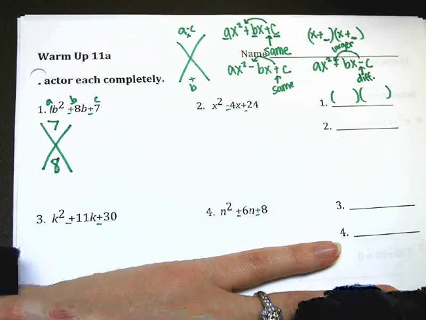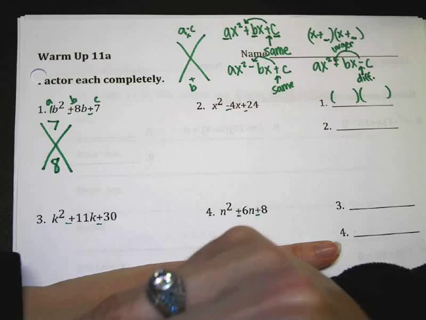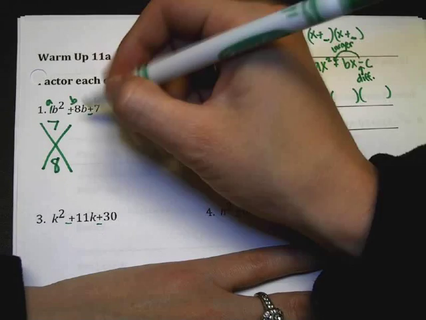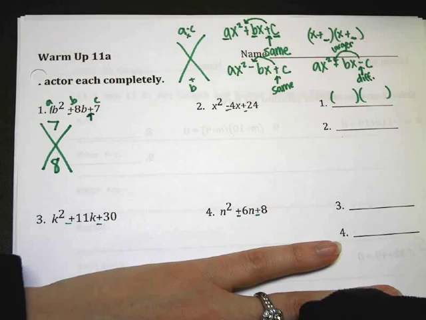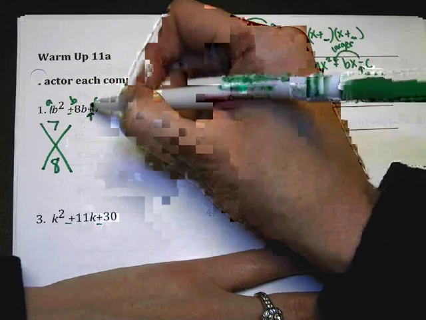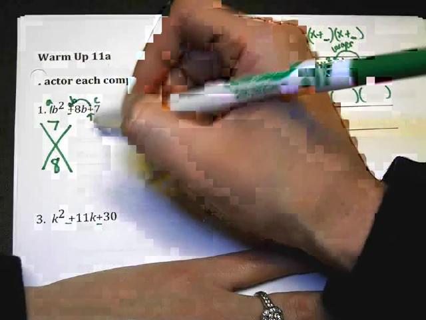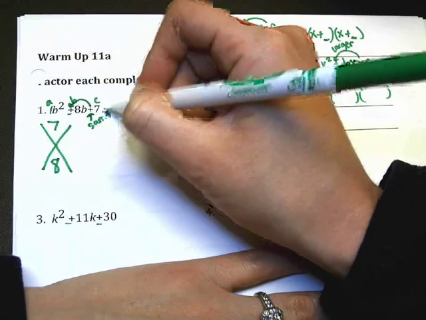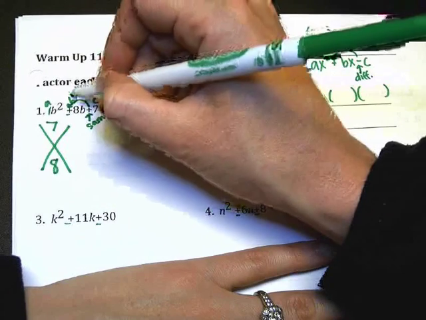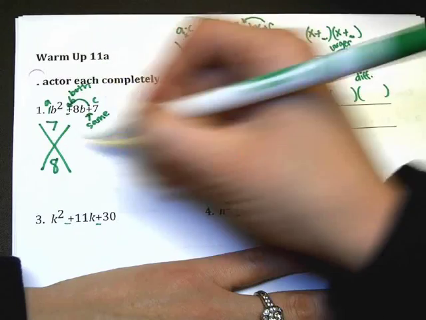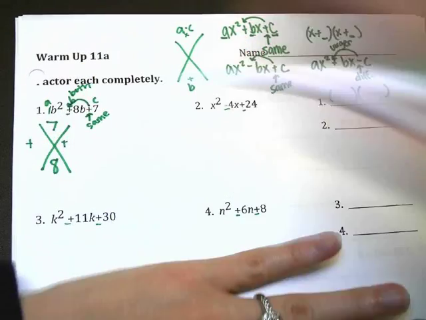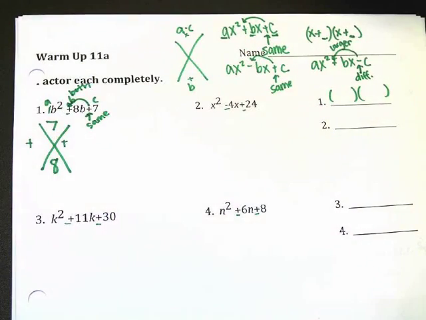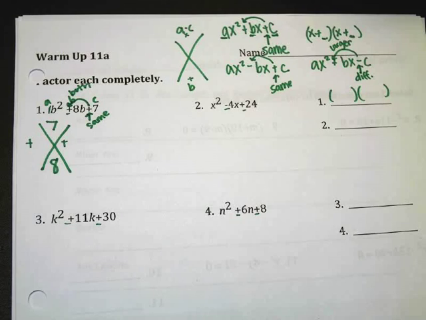I look at my signs to tell me what the signs are going to be in the end. I look at the back sign first. It's a positive, so that tells me that both my signs are going to be the same. Then you look ahead at that first sign, and it tells you plus, so they're both going to be positives. So whatever you're thinking about for your factors, they're both going to have to be positive numbers.